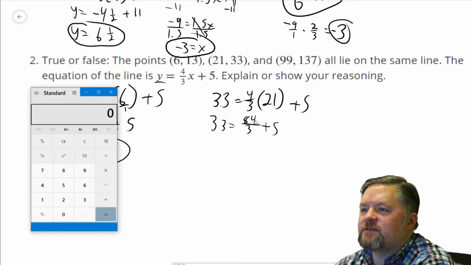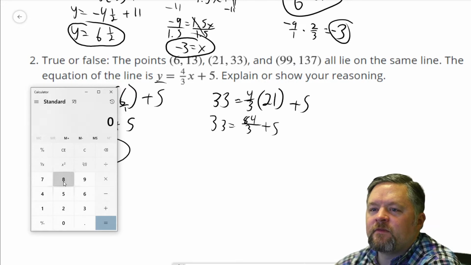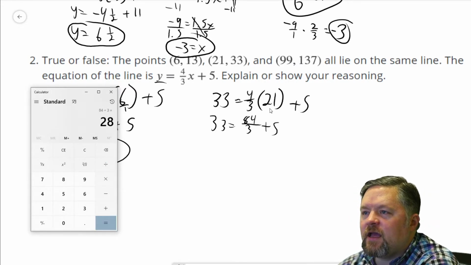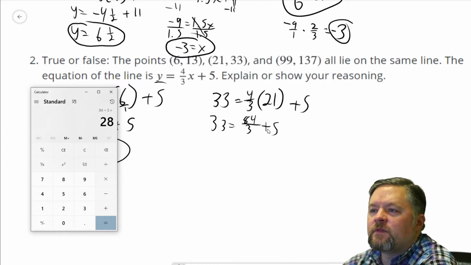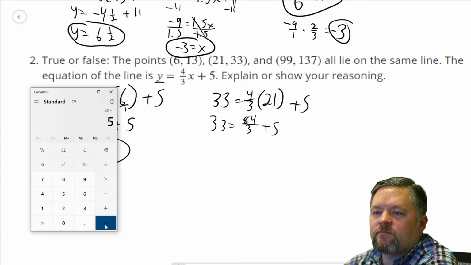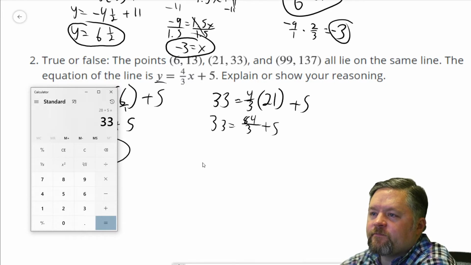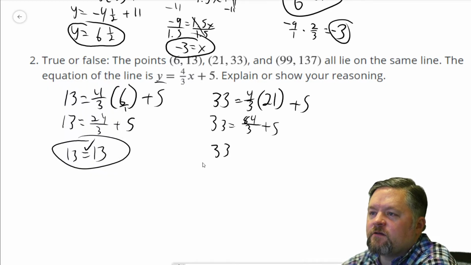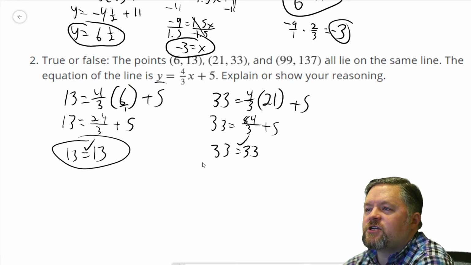I don't know what that is off the top of my head. 84 divided by 3 equals 28 plus 5. 33. 33 equals 33. That equal sign checks out.